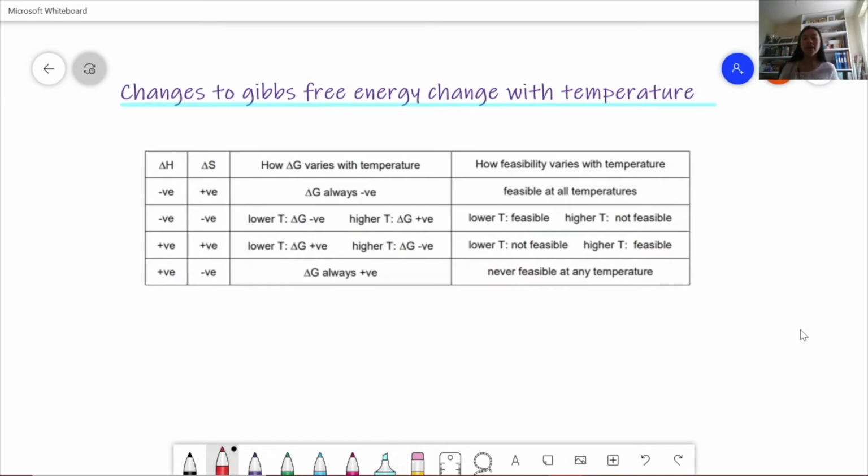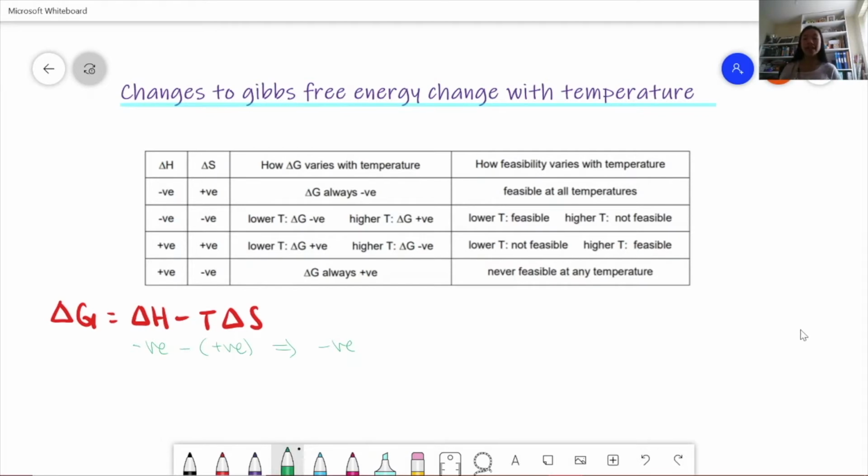And so we can see this because if we've got delta G equals delta H minus T delta S, if we have this as a negative, and then we have minus, and then the delta S is positive, that means that this will always give a negative value, no matter what the temperature is, because the temperature can never go below 0. It'll always be positive.